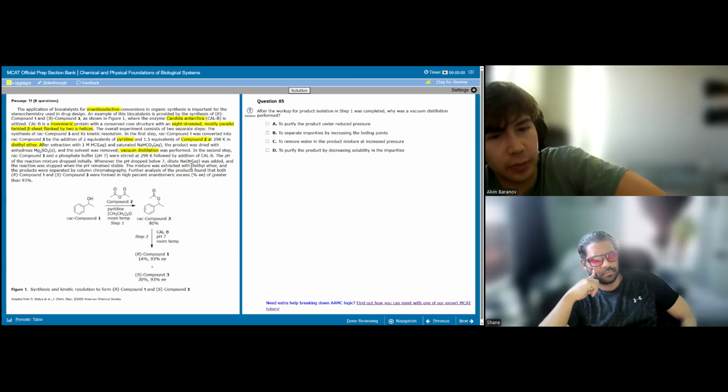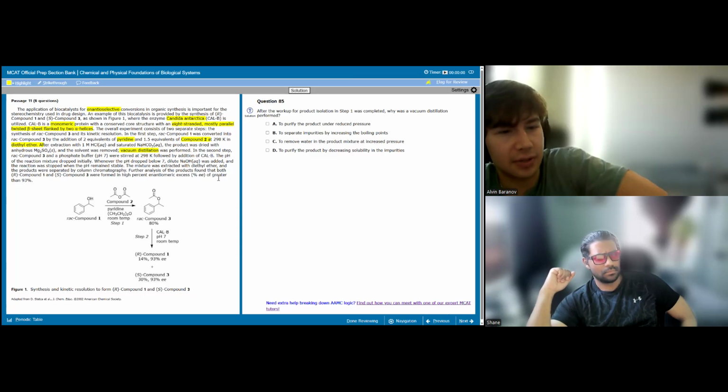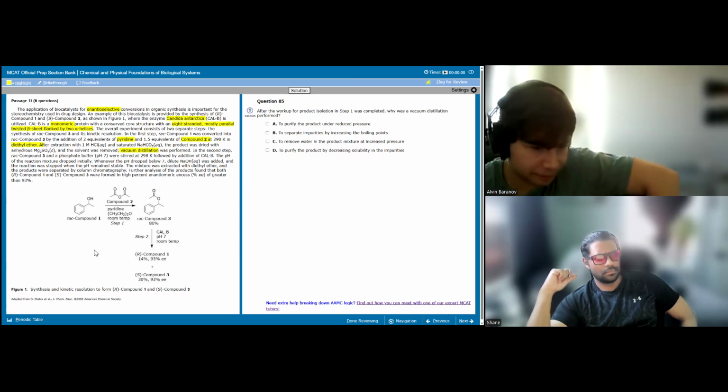The mixture was extracted with diethyl ether, and the products were separated by column chromatography. Further analysis found that both R compound 1 and S compound 3 were formed in high percent enantiomeric excess of greater than 93%.